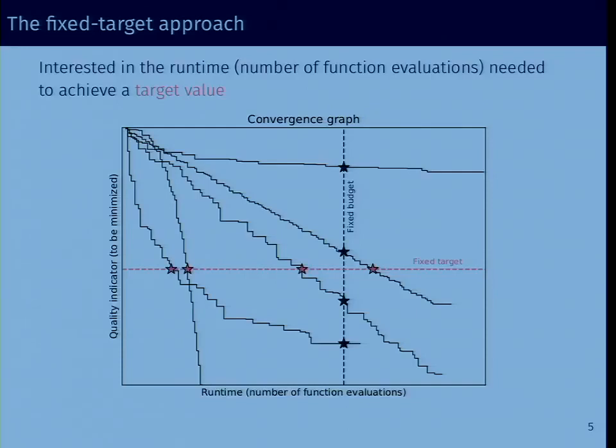So for example, like a playable Mario level, and then the next one is a Mario level that takes longer than 5 seconds to finish or something. And then you can measure how many function evaluations you needed to get to this Mario level. And this is the evaluation measure they use for all the plots. So just think about it in terms of anytime performance, like how long do I need to get to these targets?